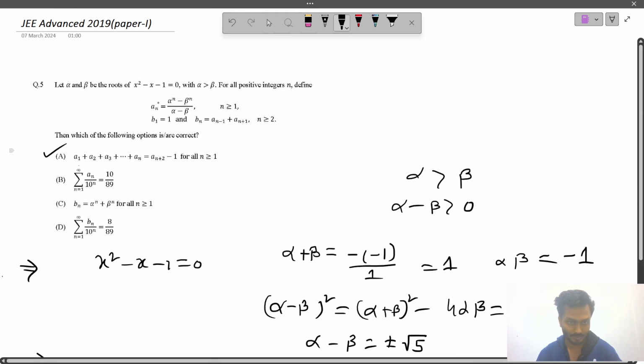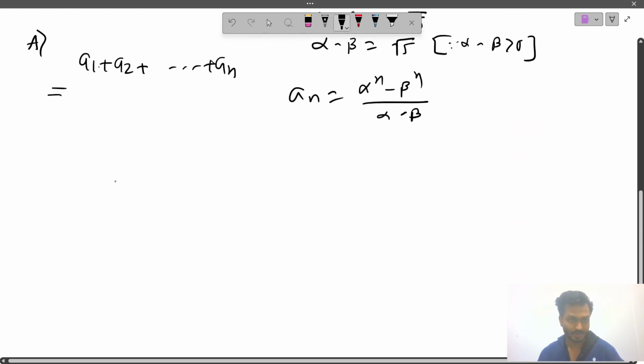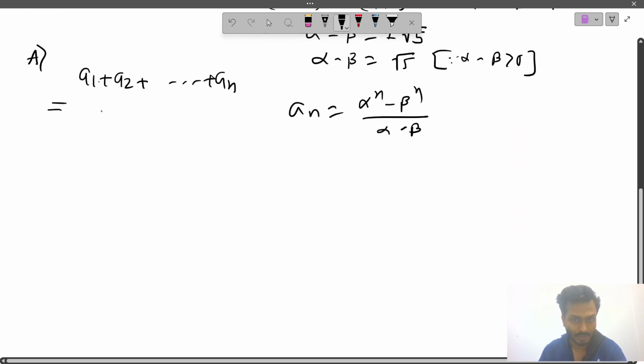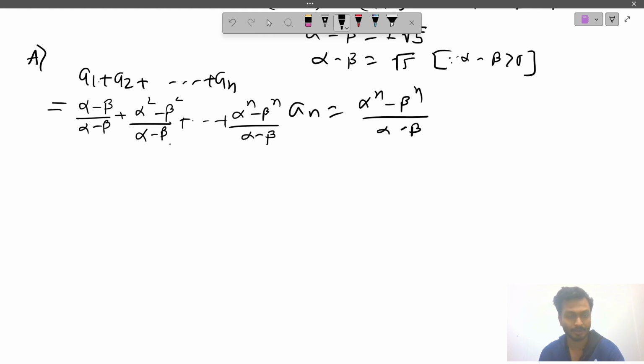It is given that an is alpha to the power n minus beta to the power n divided by alpha minus beta. So this will be alpha minus beta divided by alpha minus beta for a1, plus alpha square minus beta square for a2, just putting the value of n, plus dot dot dot plus alpha to the power n minus beta to the power n, all divided by alpha minus beta.